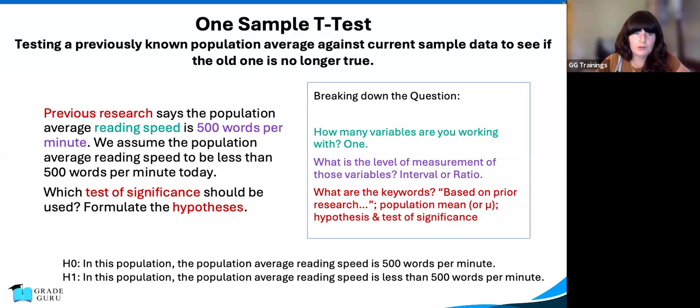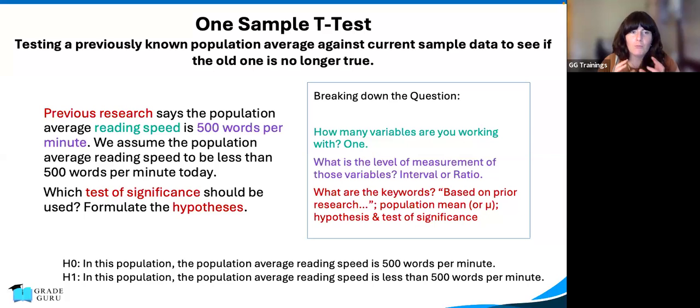And the key words. Okay, so they like to use things like "based on prior research" and "previous research," but that's not the keywords that will scream at you. It's if you know that there's one variable and you know that that variable's interval ratio.